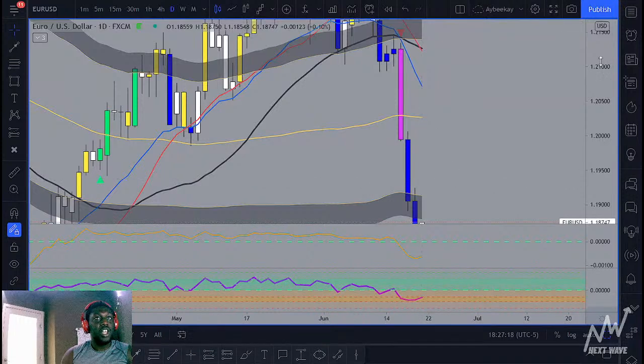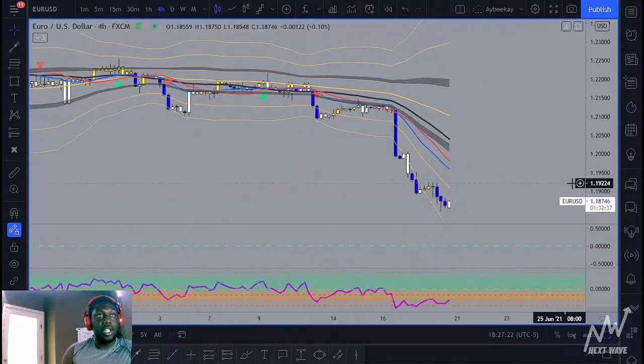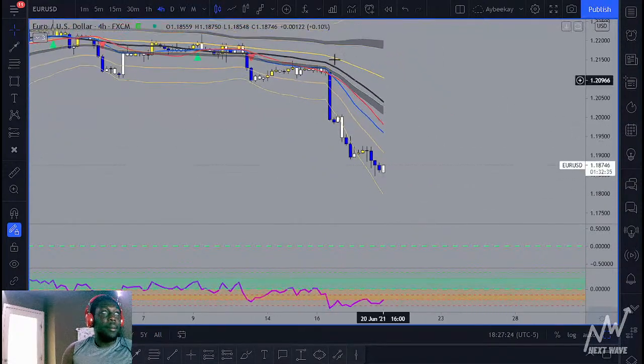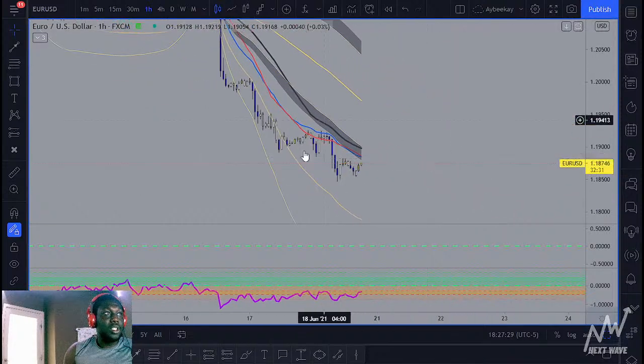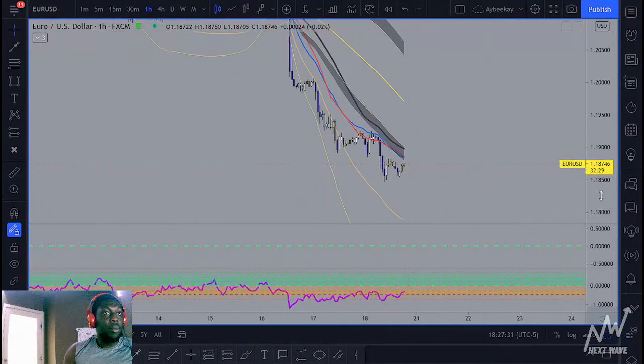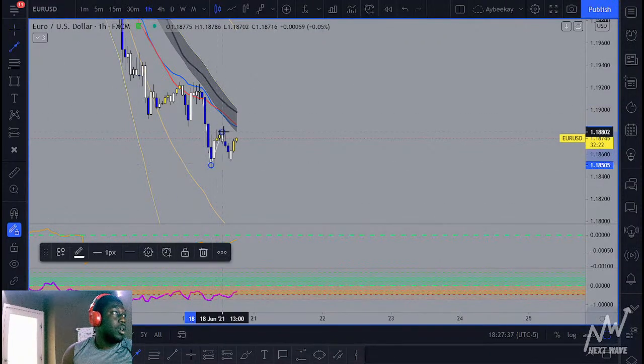Price over here, like I said, I'm thinking of just taking most of my profits because that was a pretty solid move, and I am expecting price to start to turn around. The 1 hour time frame is starting to set up for a buy. There is a double bottom right here, so this double bottom could end up playing out.